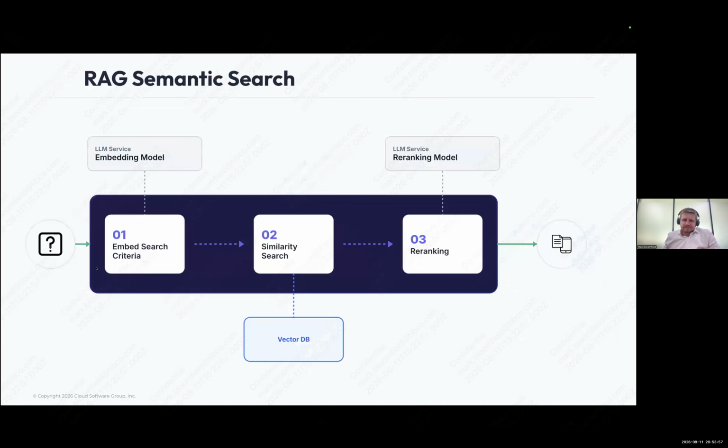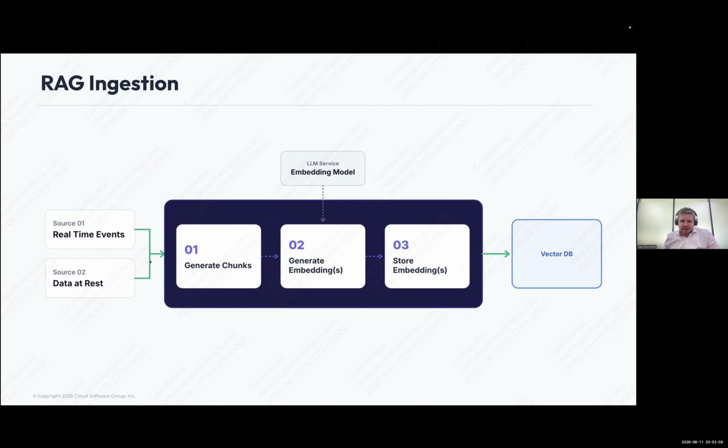So the first thing, obviously, is ingestion. On ingestion, we pull in data. These could be documents, like PDF documents, for example, or textual documents, Markdown. Then you generate what's called chunking. This is to make sure that you split up a document so it can fit within the context window of an LLM. It's not always required.